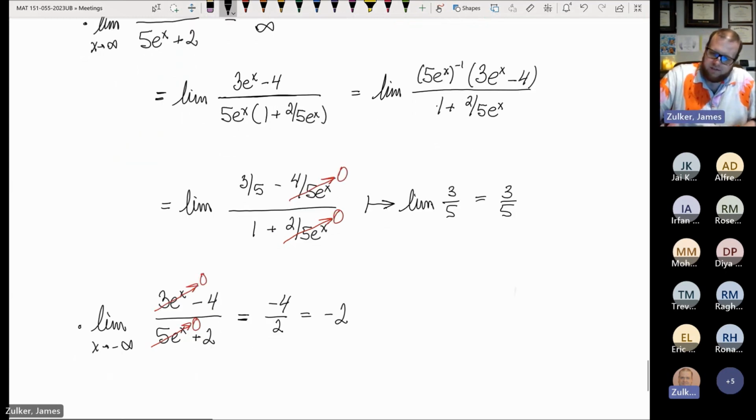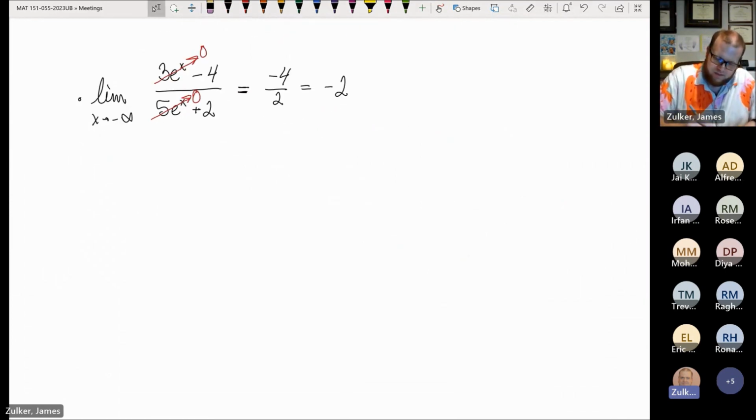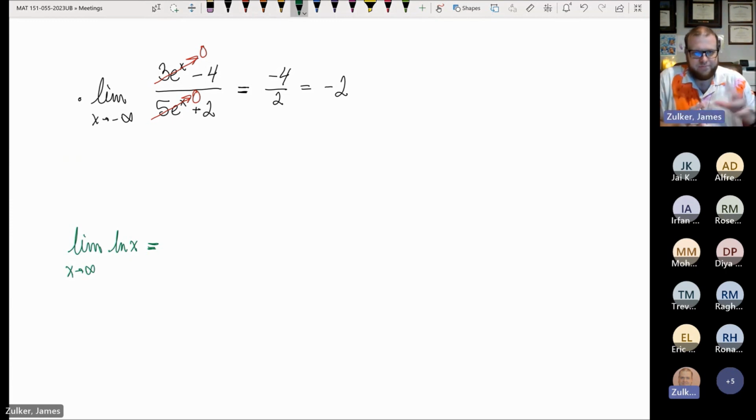So by the way, what is that limit? And so as x grows without bound, how does the natural log, or in fact, how does any log function behave?